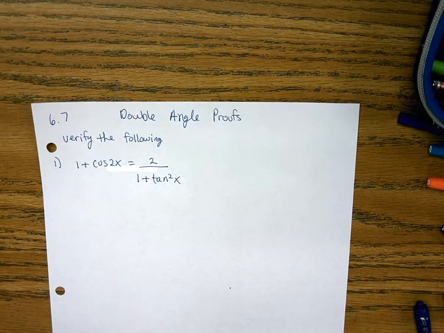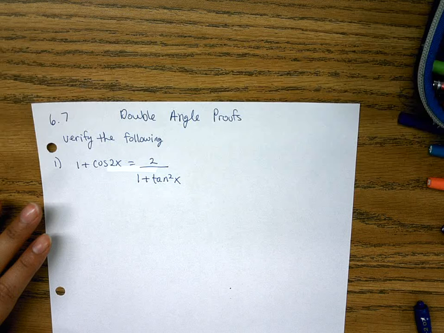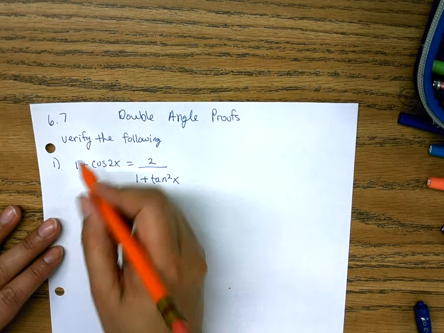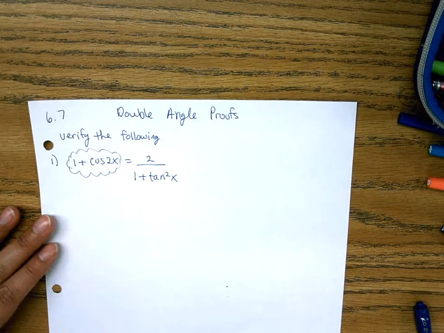First, recognize that these are proofs, the verifying where you pick one side and one side only. Since I'm working with double angles, the newest thing we've learned, I'm going to pick this side because the cosine 2x is a double angle type problem.